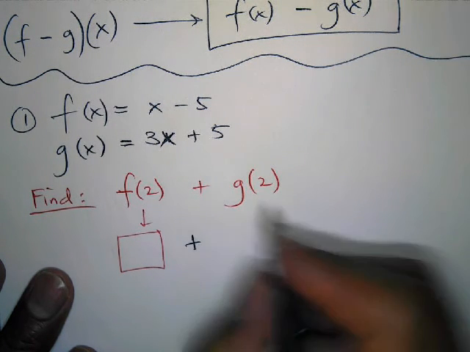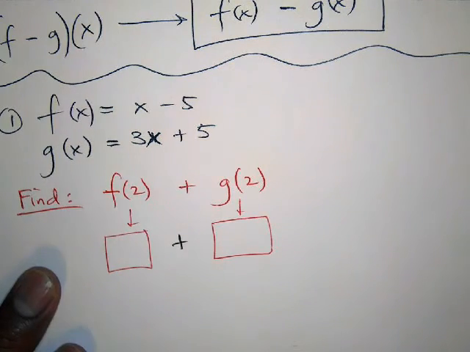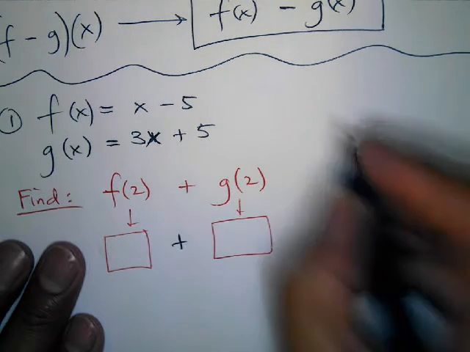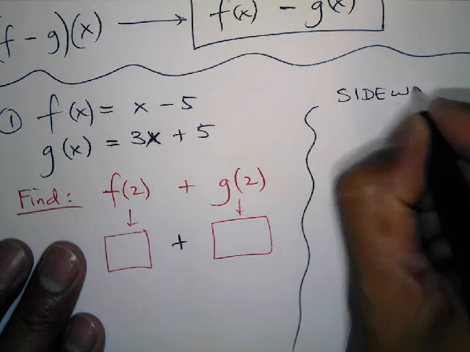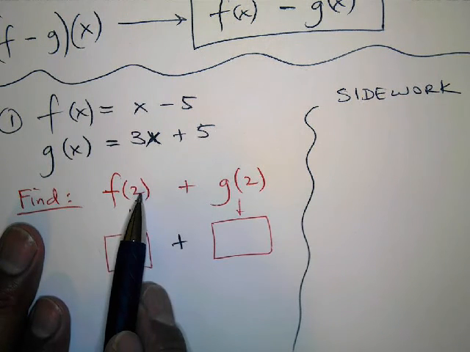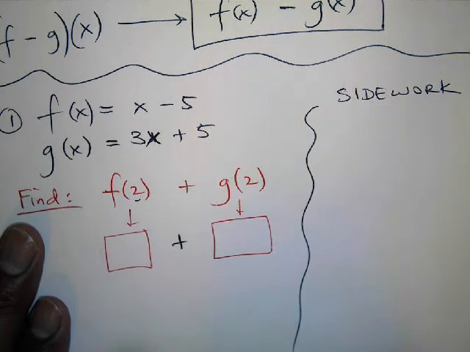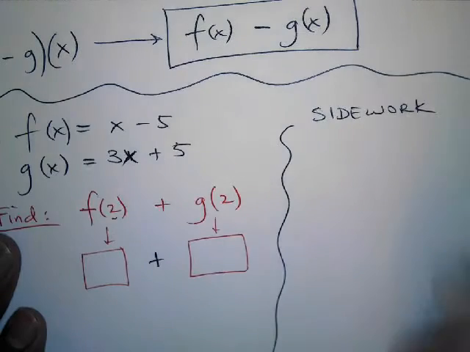The operation is addition. And then I also have to find, see, I don't have these numbers right now. Remember that side work that we had to do? We have to do a little side work over here, so I can find this piece, and then find this value, and then at the end add those values, right?